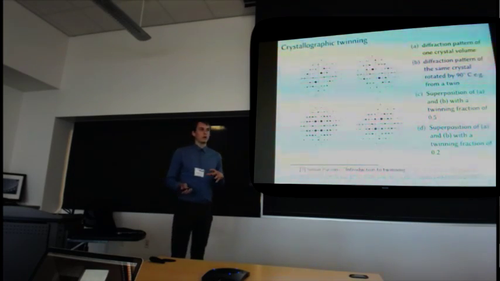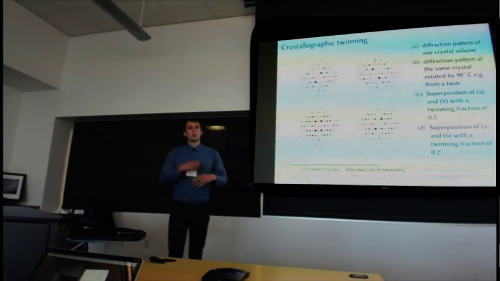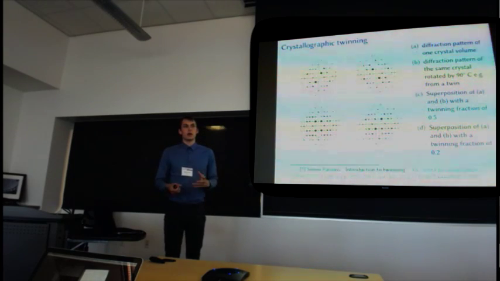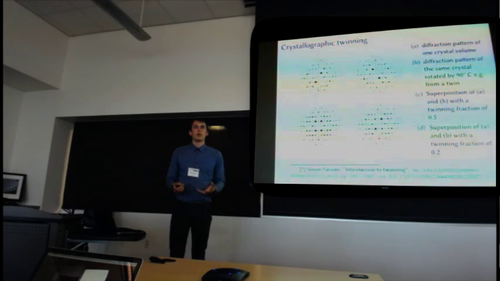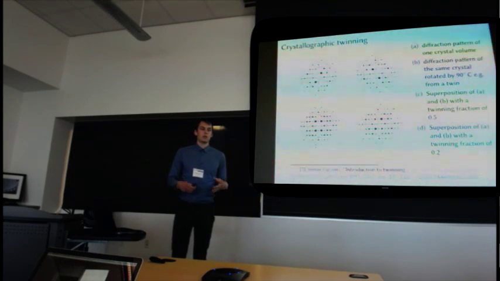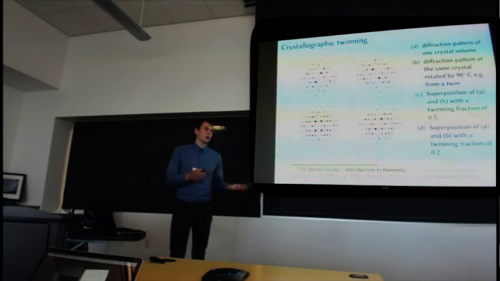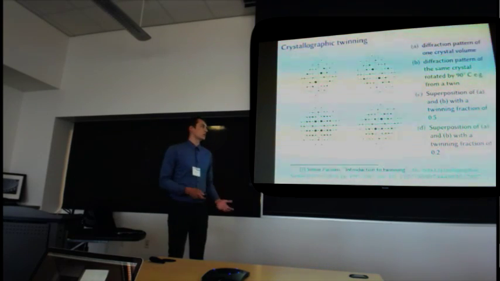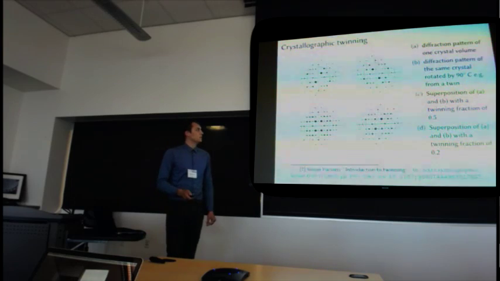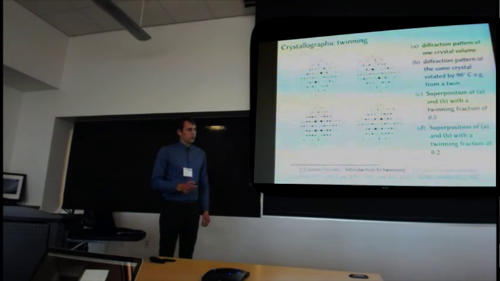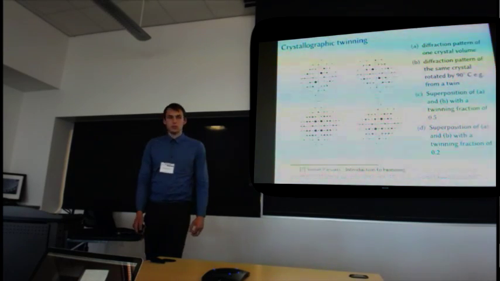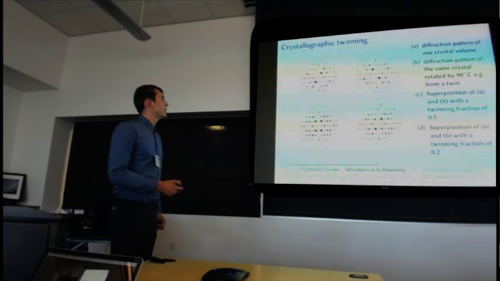Most of the other errors just average out, and if you measure enough, in theory you have a perfect data set, because everything averages out with many data. It's even worse if it doesn't average out. For this I want to give a short introduction to what twinning is.